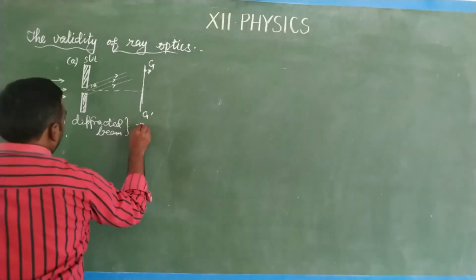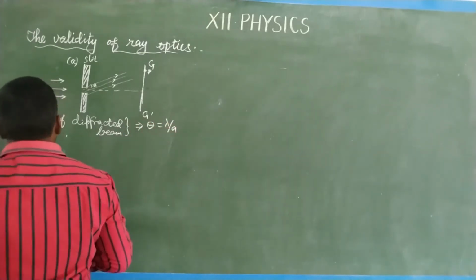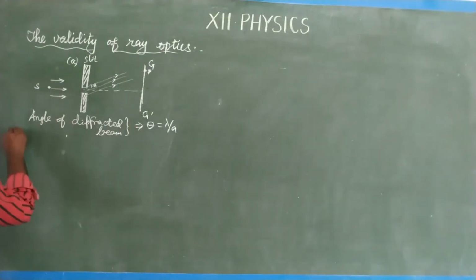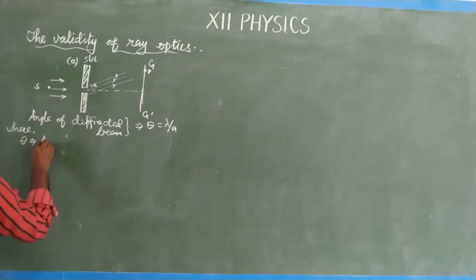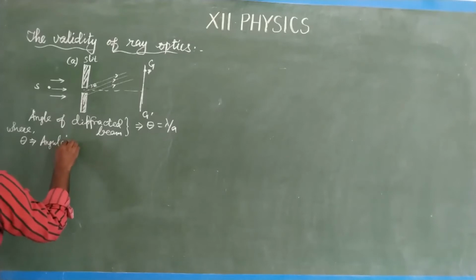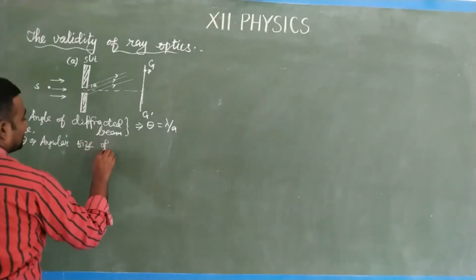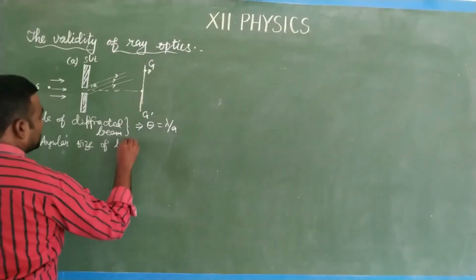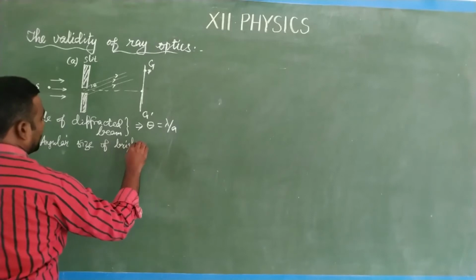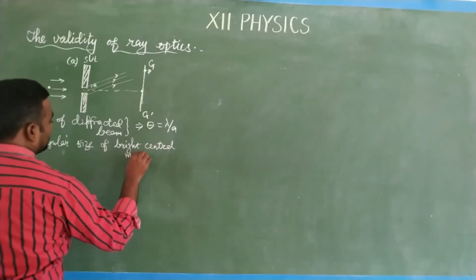We have already found that it is theta equal to lambda by A. In the previous class we discussed that theta is the angular size of the bright central maximum.